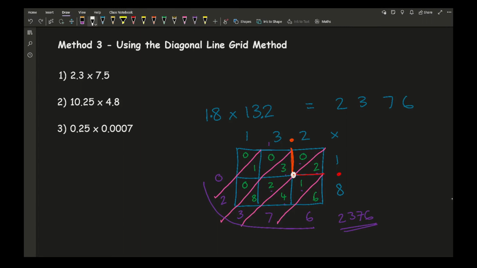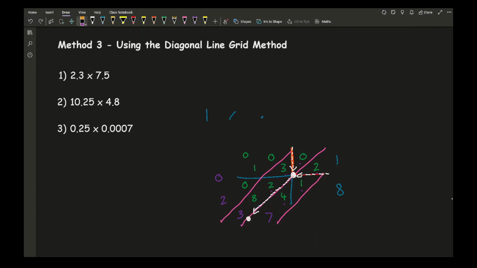So they meet up at this point here, those decimal points. So there and there, and then once they meet, if I go along that diagonal line, this is where your decimal point goes. So the answer to 1.8 times 13.2 is going to be 23.76.